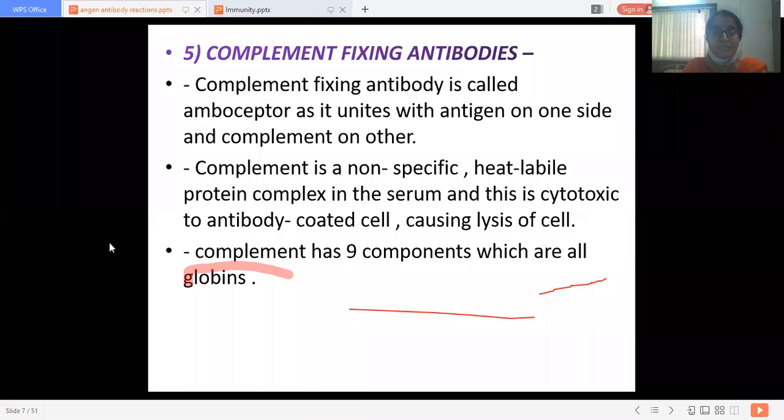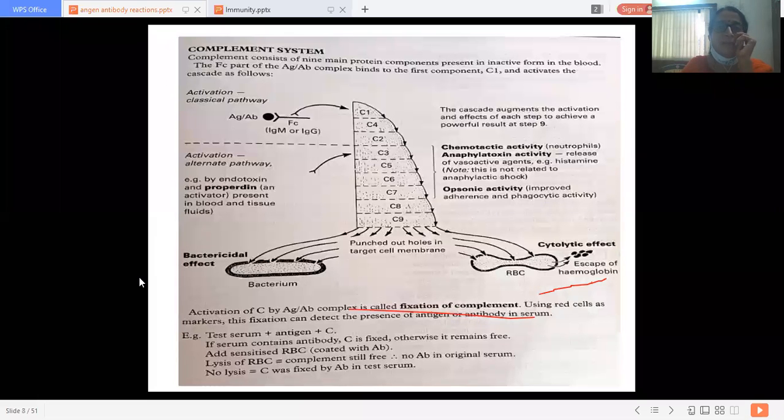Complement has 9 components which are all globulins. These 9 components are all globulin in nature, they are proteins. Now this complement system.